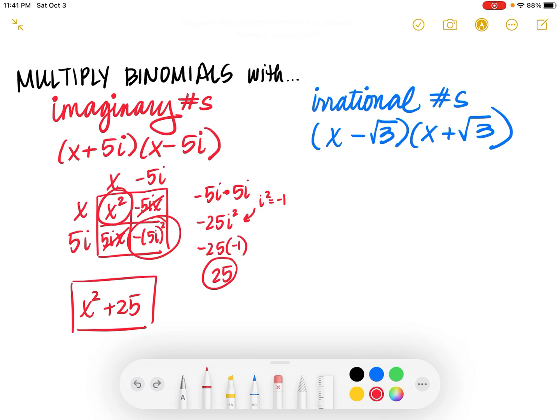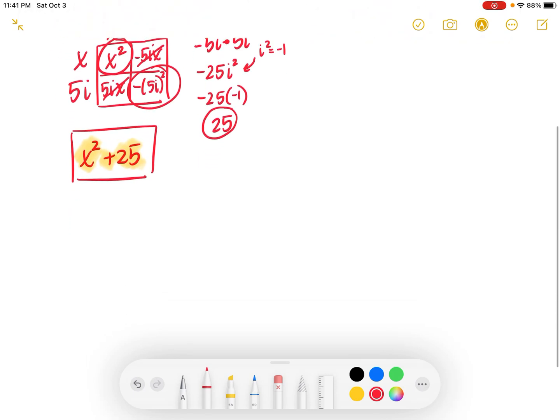So the way I like to think of this is it is a sum of squares, meaning we have something perfectly squared plus something else perfectly squared. And that sum of squares leads us to x plus whatever is square rooted i, x minus whatever is square rooted i.